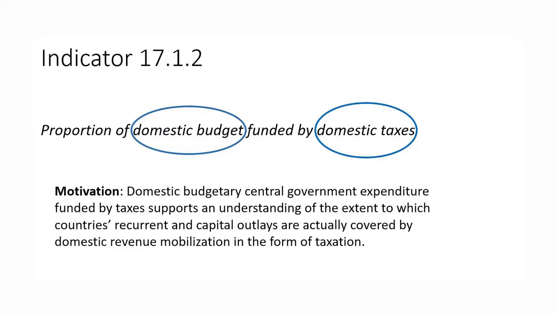Then you have SDG indicator 17.1.2. This can be made exactly how I showed you with these definitions. Look at only the taxes and look at the budget. The budget comes from the general government, yes, so including social security, for instance.